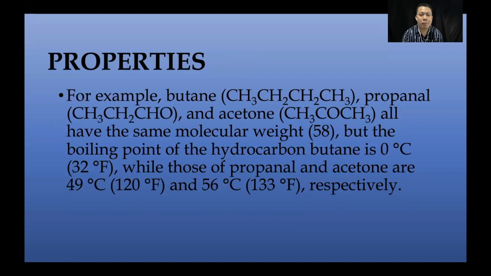For example, butane, which has 4 carbons, and its equivalents propanal and acetone all have the same molecular weight of 58, but the boiling point of the hydrocarbon butane is 0 degrees Celsius, while those of propanal and acetone are 49 and 56 degrees Celsius respectively.